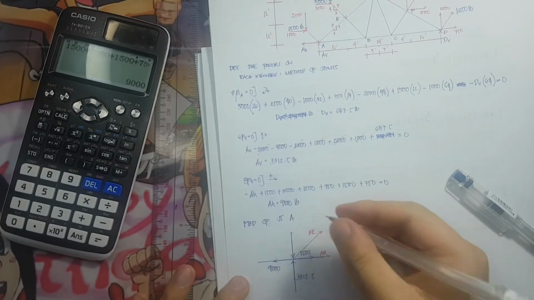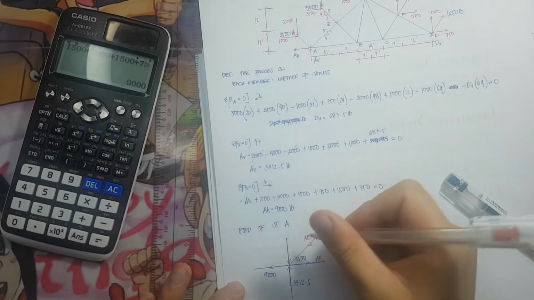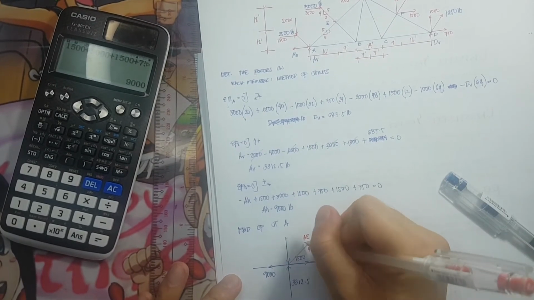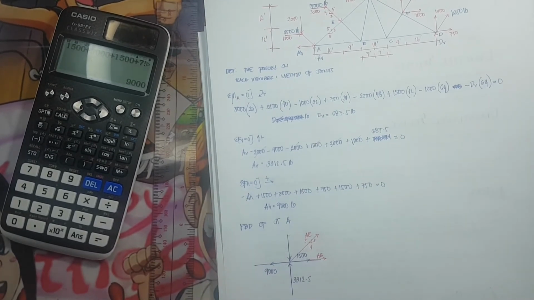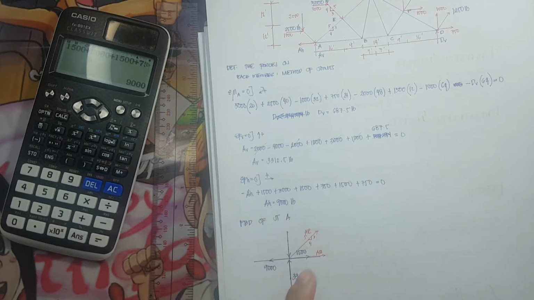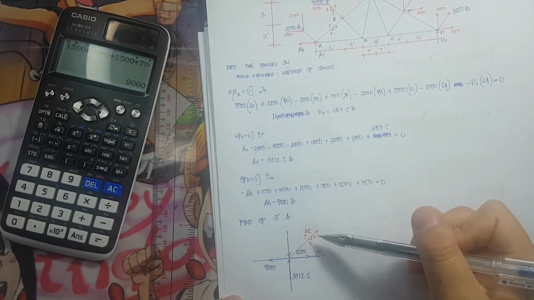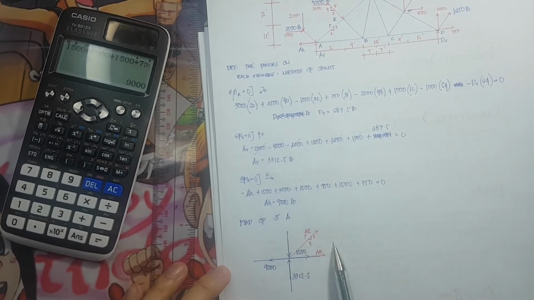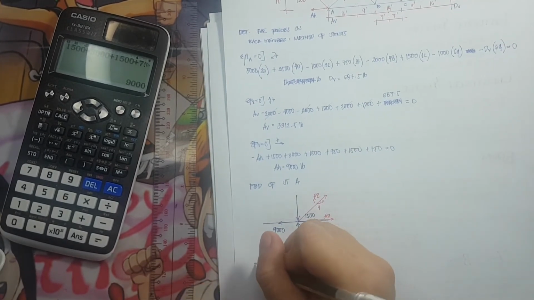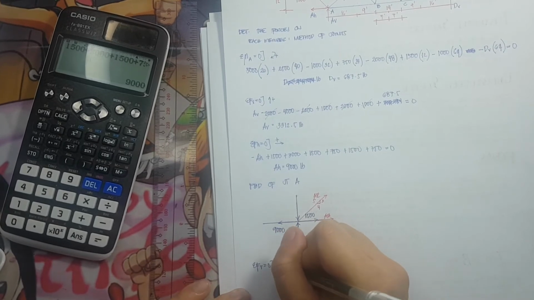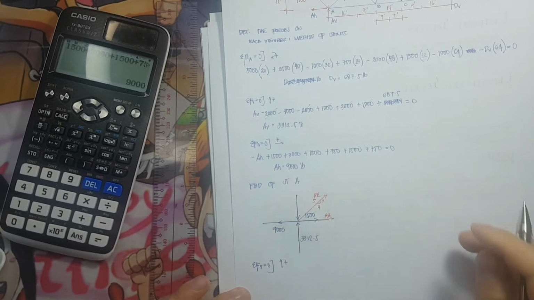And the slope here is 3, 4, and 5. It is better if we solve for the vertical first because we will only have one known and one unknown. But if we solve for the horizontal first, we're going to have two unknowns. So summation of forces vertical is equivalent to 0. All forces that are pointing upward should be positive.